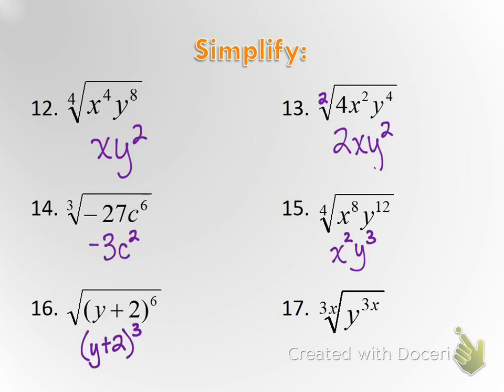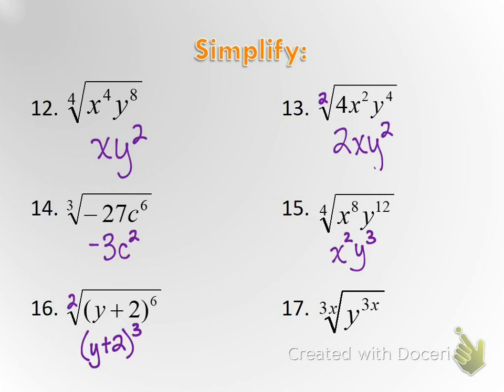That would be a lot to write out: y plus 2, y plus 2, y plus 2, 6 times. We're taking the square root, so we're looking for groups of 2, and we would have 3 groups of 2 sets of parentheses. The easier way to think about it is, again, to use the division. 6 divided by 2 is 3. Just leave what's in the parentheses inside of parentheses when it's like that.